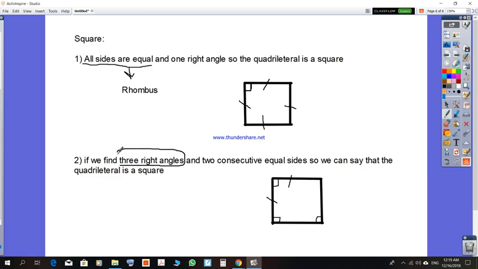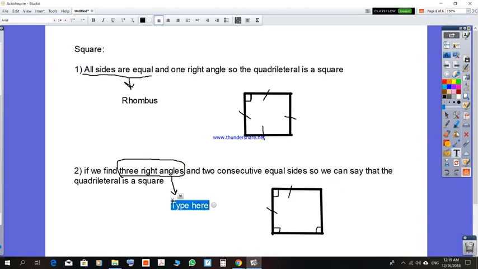If I find just three right angles, we cannot say that the quadrilateral is a square. If we have three right angles, it will be what? It will be a rectangle. Here, this case is a rectangle, not a square.